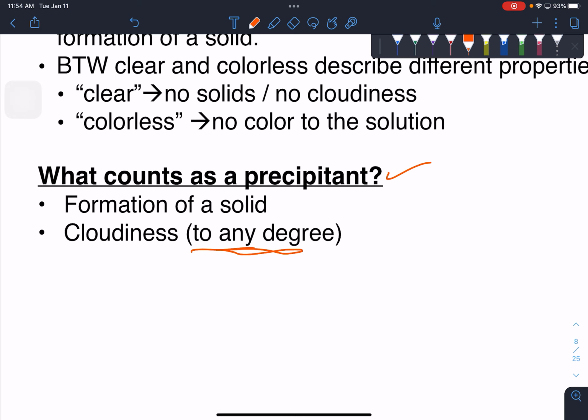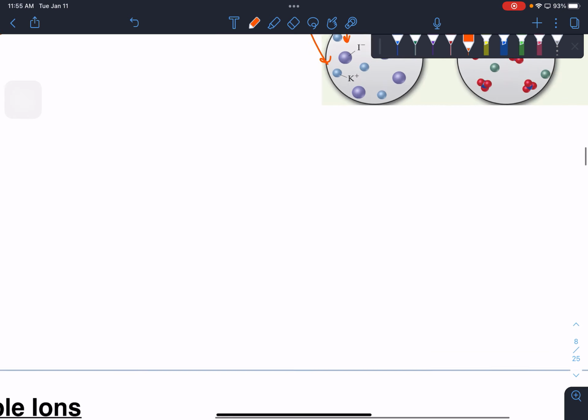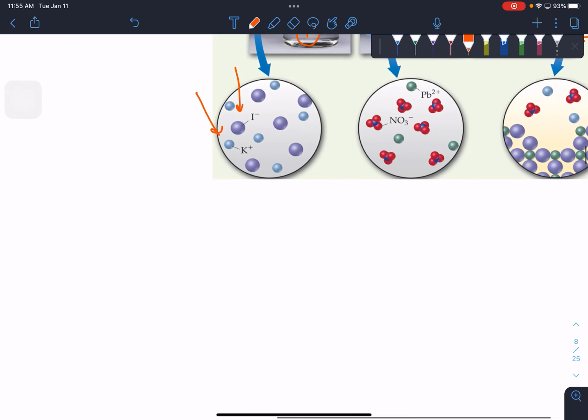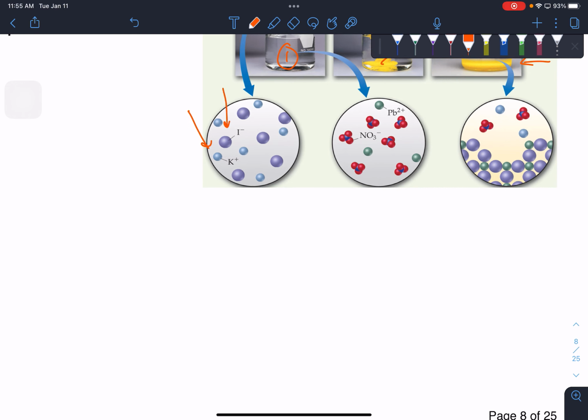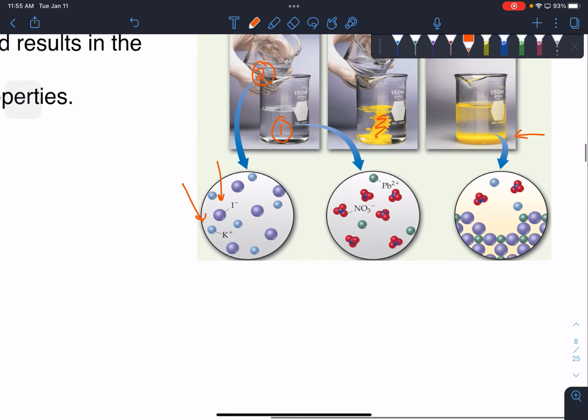For those precipitation reactions, what we want to do is create a set of equations to describe what's happening in that solution. And how do we write an equation? It's as simple as reactants, arrow going to products. So in my reactants for the two solutions, we have the potassium iodide and the lead(II) nitrate, which would be the proper name for that.